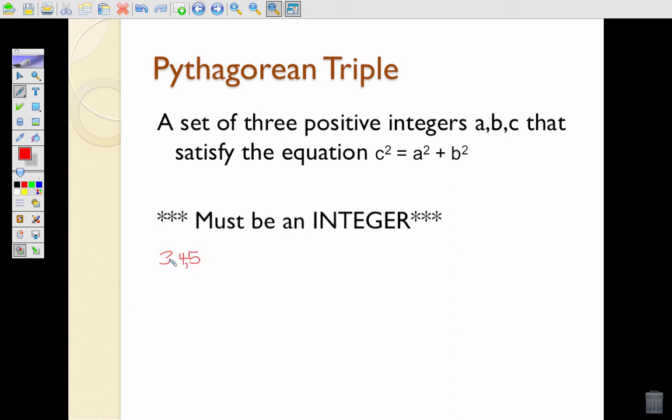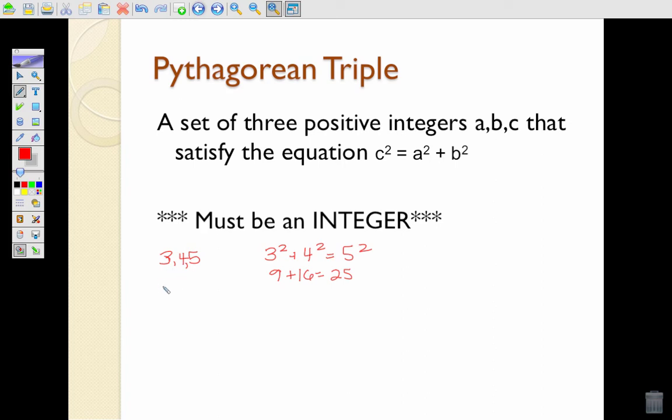That's a Pythagorean triple that a lot of times is used in construction. And if you check that, we have 3 squared plus 4 squared equals 5 squared, because 9 plus 16 equals 25. So 3, 4, 5 is a Pythagorean triple.